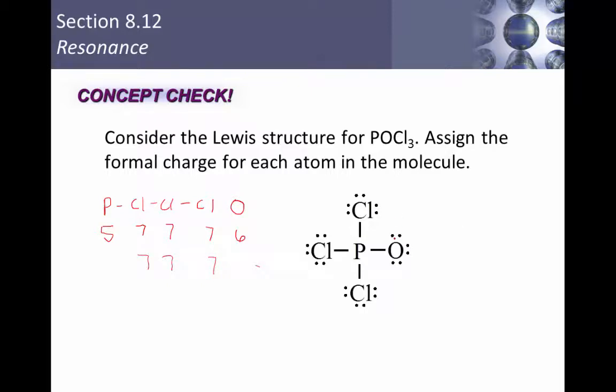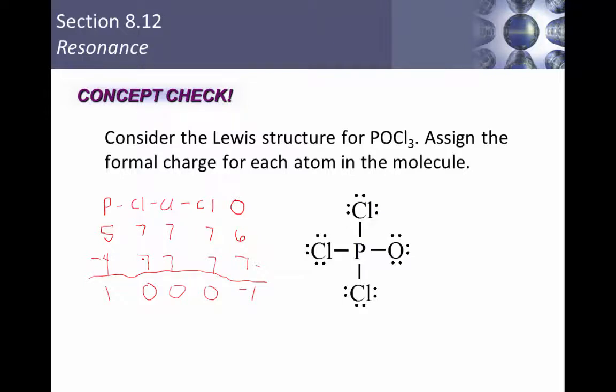Oxygen has 2, 4, 6, and also 1 shared pair, so 7. And now phosphorus has just shared pairs, so 1, 2, 3, 4, because they only get half of the shared pairs. And now we subtract. So I got -1, 0, 0, 0, +1.